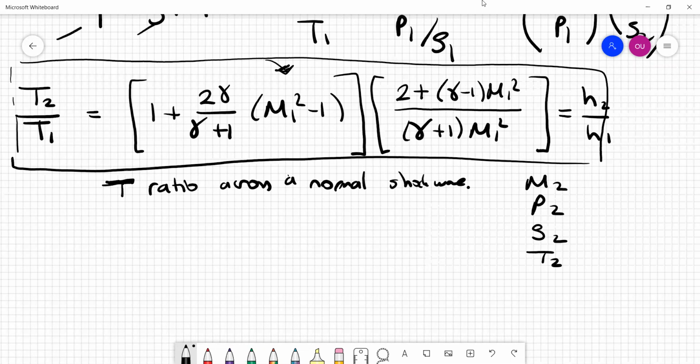Good, so our list is mostly complete here, but we need a few more characteristics. For example, what will be S2? Entropy. We know that it's not equal to S1 because it's a non-isentropic process, but how do I calculate S2?